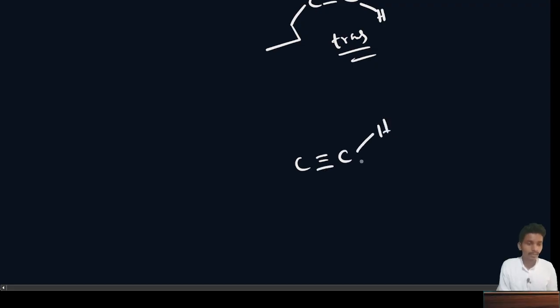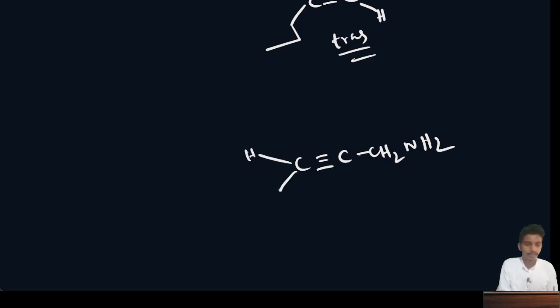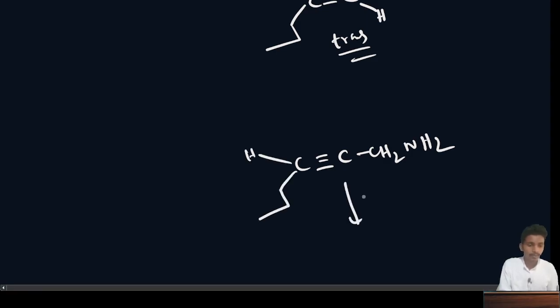Either an alcohol group is there, or an amine is there. Here we have CH2 amine. Either alcohol or amine group is there. Let's say here we have H, and these groups. Now we are giving LiAlH4, and then water hydrolysis.